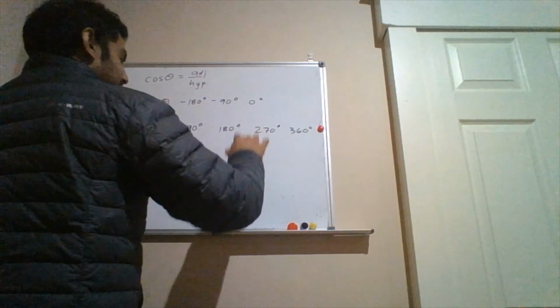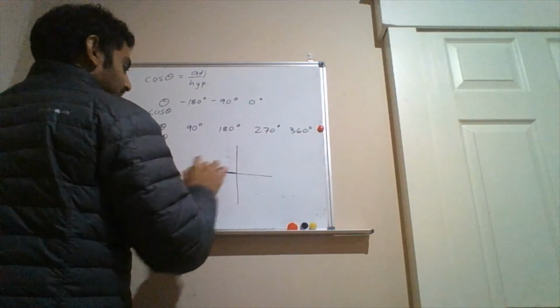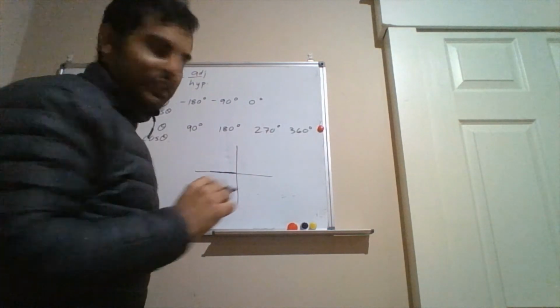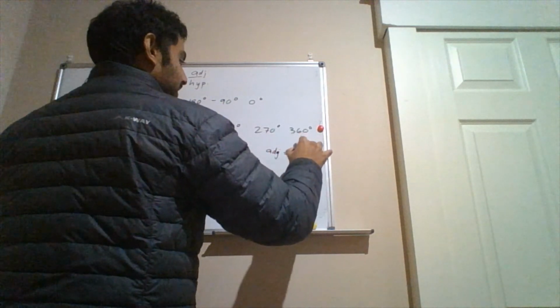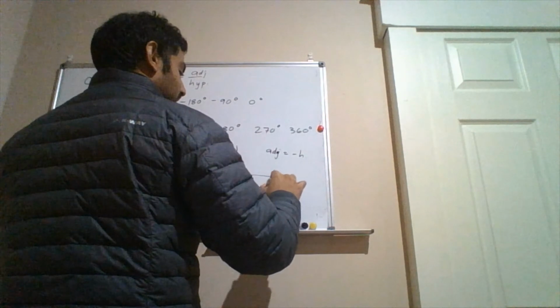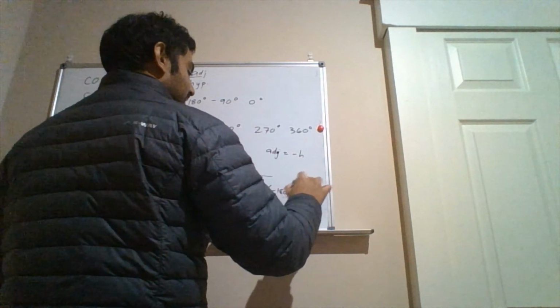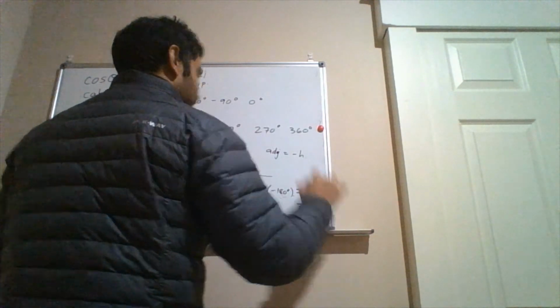So negative 180, once again, lies here, and the value of our adjacent is the negative of the hypotenuse. So we would calculate cos negative 180 degrees as negative h over h, which gives us negative 1.